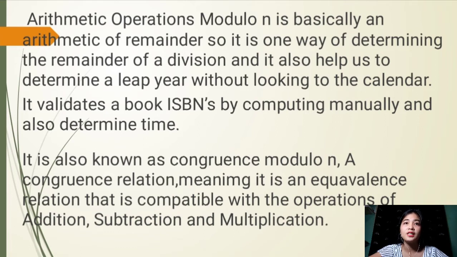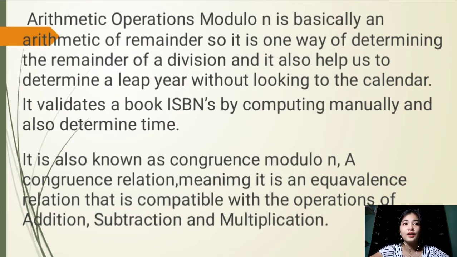It validates a book's ISBN by computing manually and also determines time. It is also known as congruence modulo n, a congruence relation, meaning it is an equivalence relation that is compatible with the operations of addition, subtraction, and multiplication.